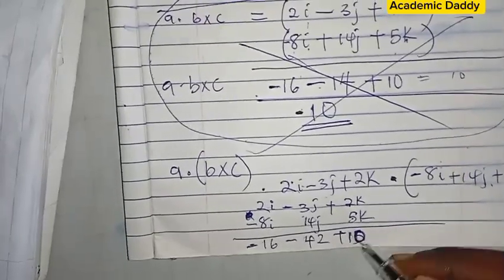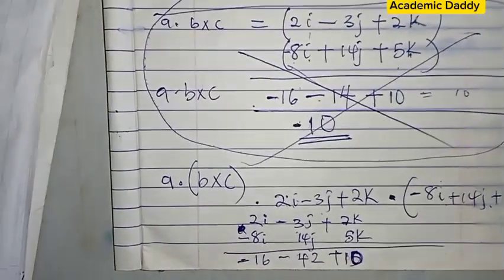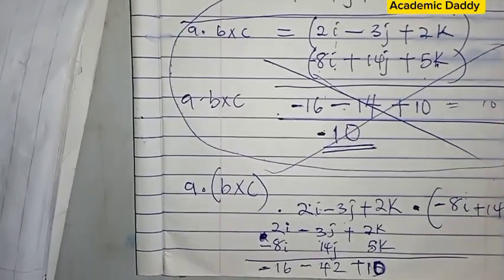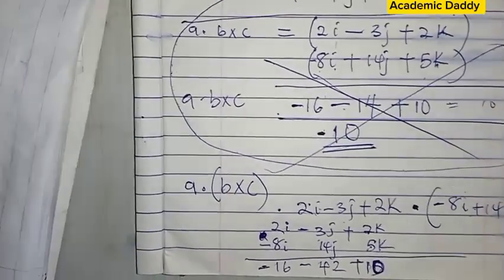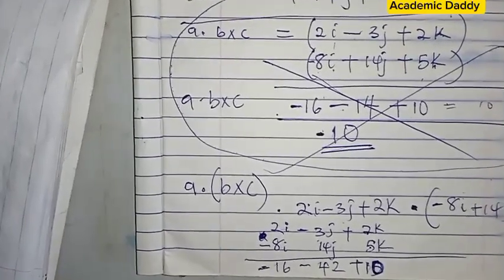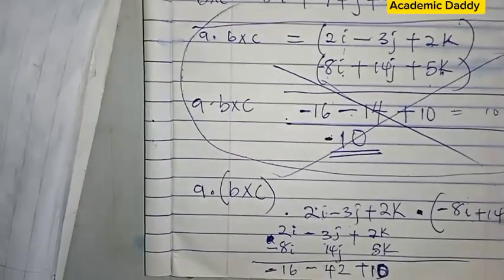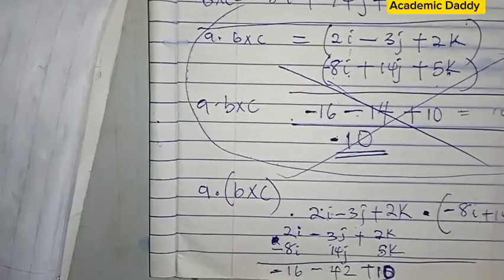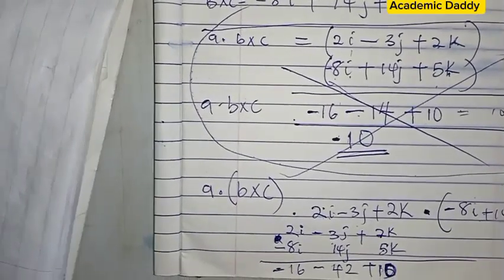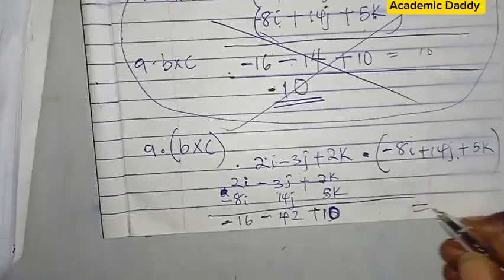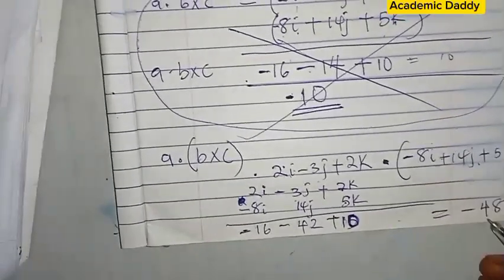What is wrong with me? So minus 16 minus 42 plus 10 is going to give you everything to be minus 48.